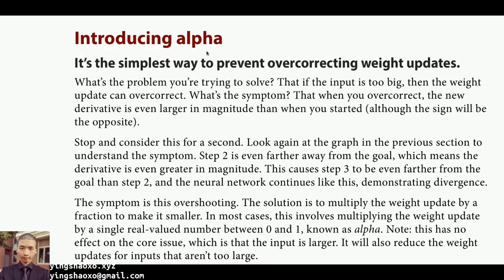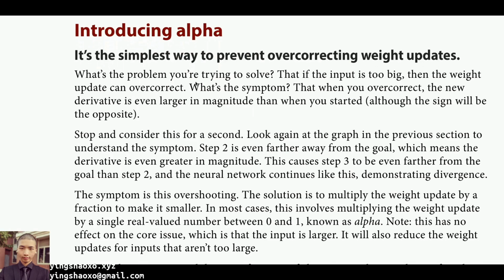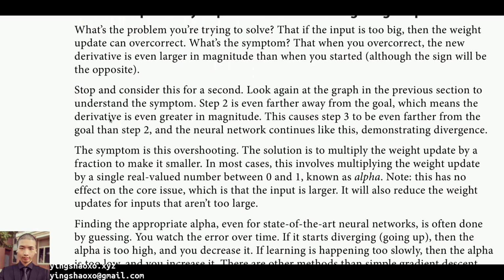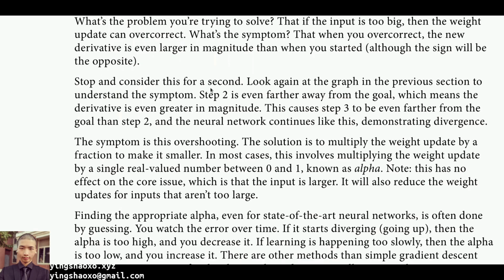Introducing alpha. It's the simplest way to prevent overcorrecting weight updates. What's the problem you are trying to solve? That if the input is too big, then the weight update can overcorrect. What's the symptom? That when you overcorrect, the new derivative is even larger in magnitude than when you started. Stop and consider this for a second.